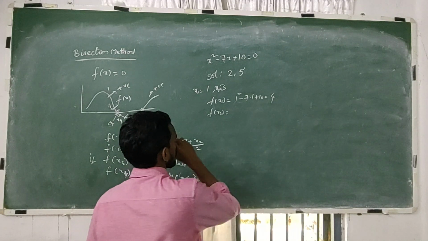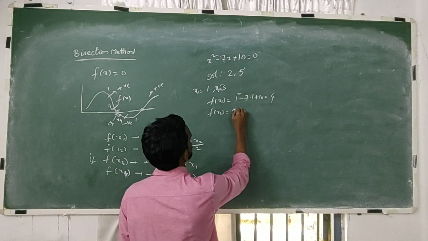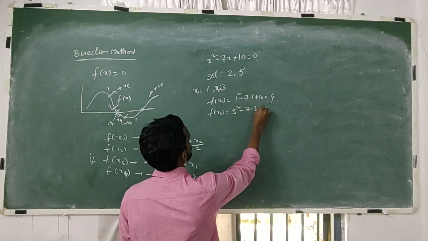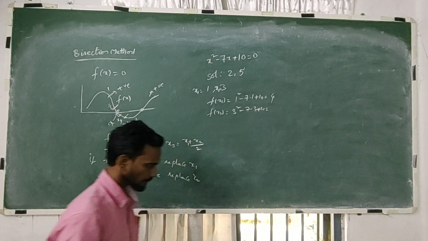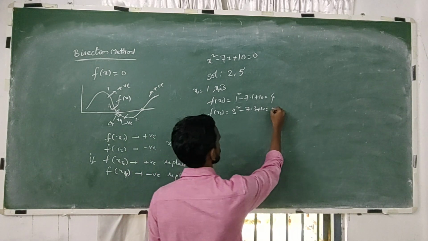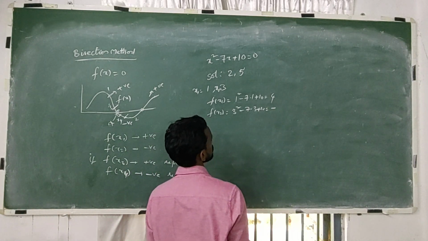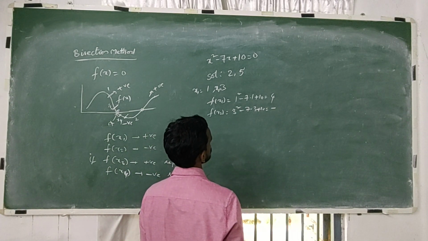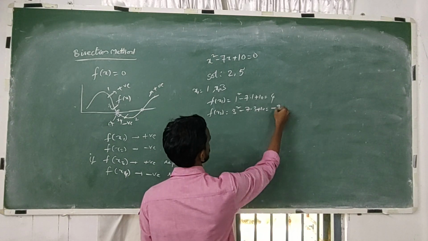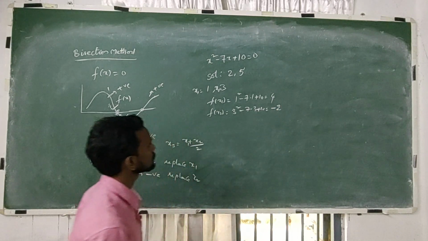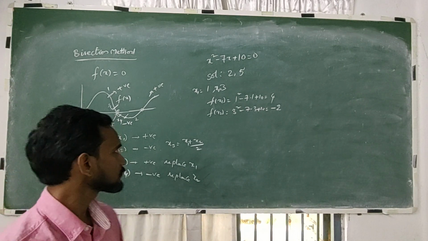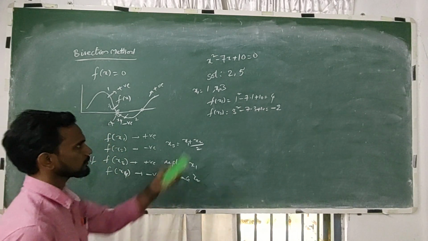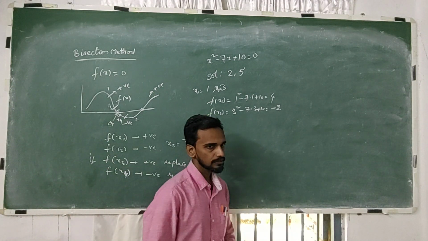If you substitute the other one, it is 3 square minus 7 into 3 plus 10. 9 minus 21 plus 10, minus 2. So on one side you got a positive number, on the other side you got a negative number.